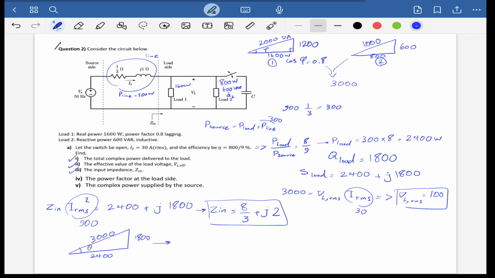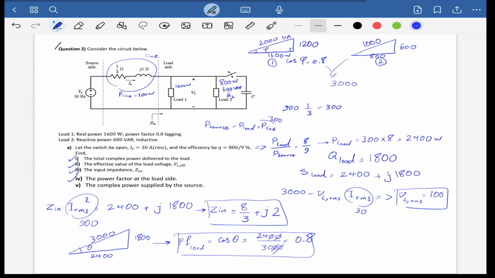So power factor of the load, which is equal to cosine of theta, which is also equal to 2,400 over 3,000. These zeros will cancel each other, and it will be 0.8. We found this as well. So part 4 is complete.